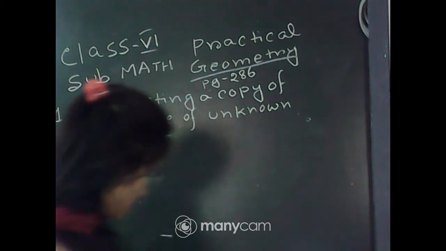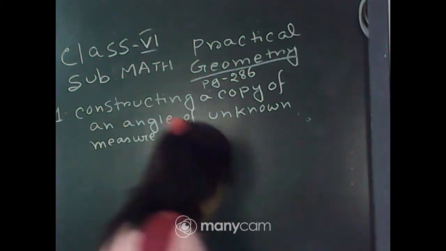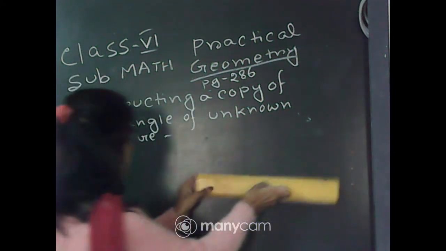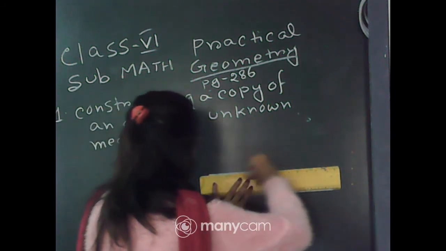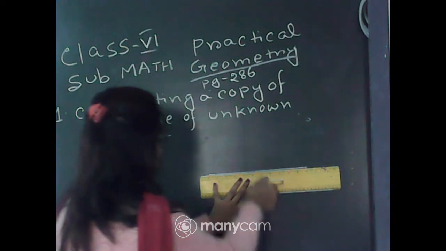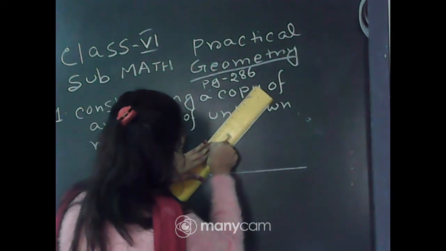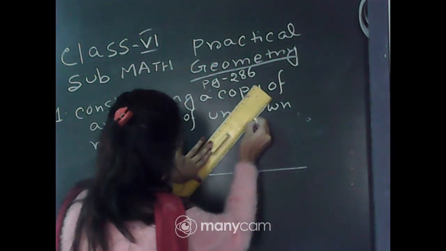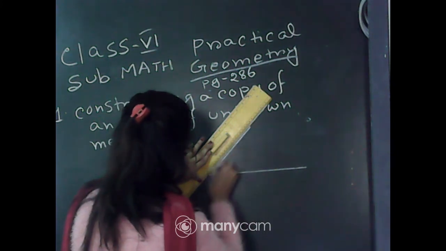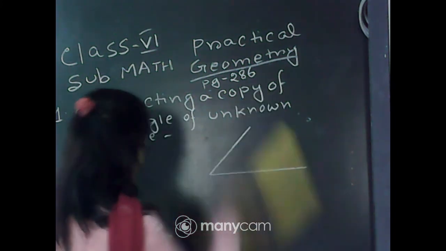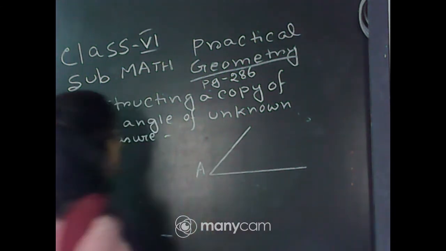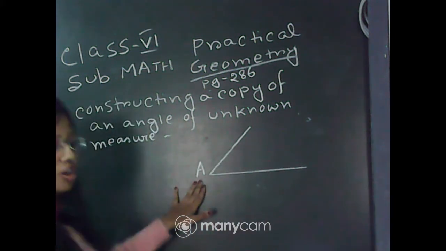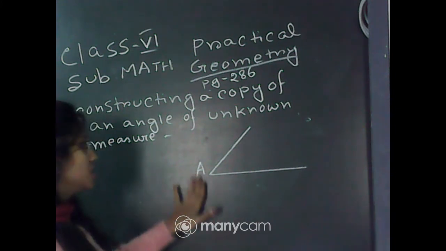So for this we first draw an arbitrary angle. Here angle A is given and the measure of angle A is unknown.